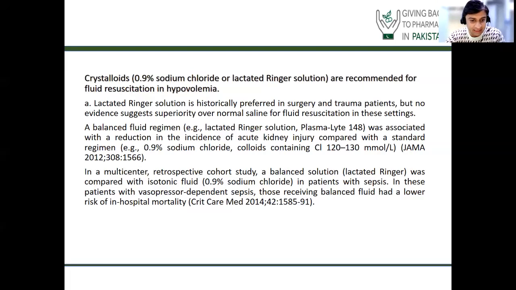Saline has a very high amount of chloride, 154 per liter, as compared to lactated Ringer, which has 95. This causes hyperchloremia, which causes hyperchloremic metabolic acidosis, and that further damages the kidney.